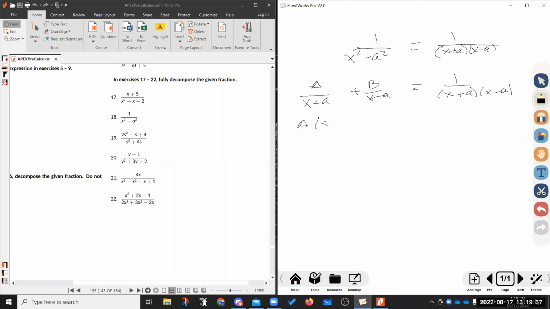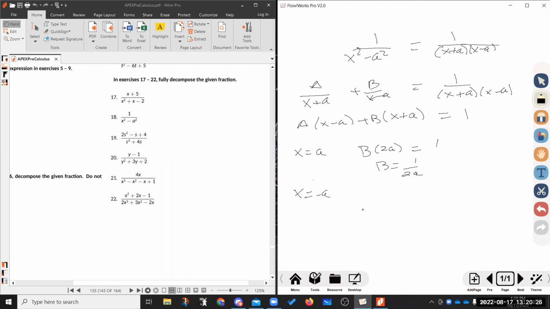This is a times x minus little a plus b times x plus little a is equal to 1. So when x equals a, then we have b times 2a is equal to 1. b is equal to 1 over 2a.